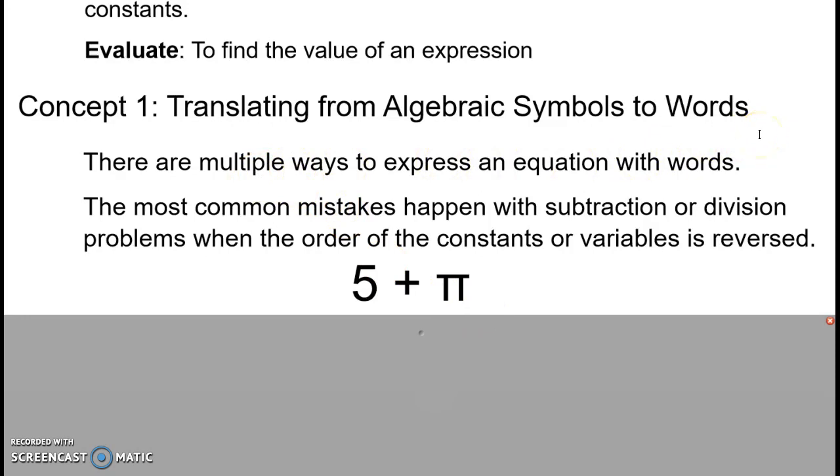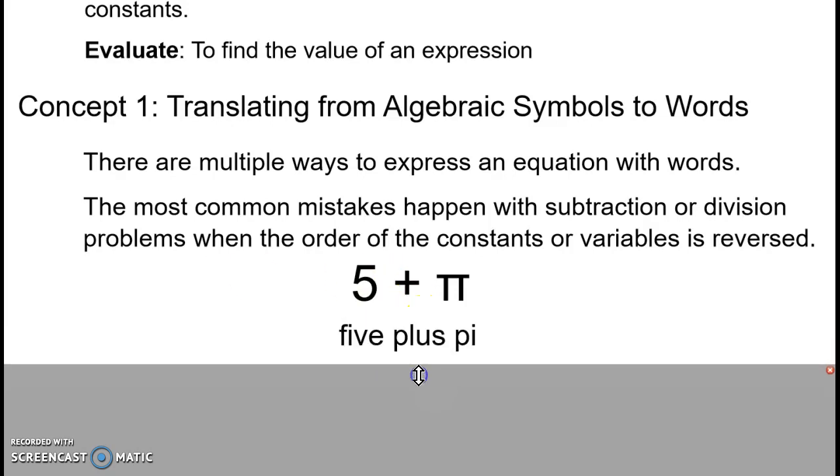There's a lot of different words that we use to represent the plus symbol, the addition symbol. Okay? The most common mistake happens when the numbers or the constants or variables get reversed in a subtraction or division problem.